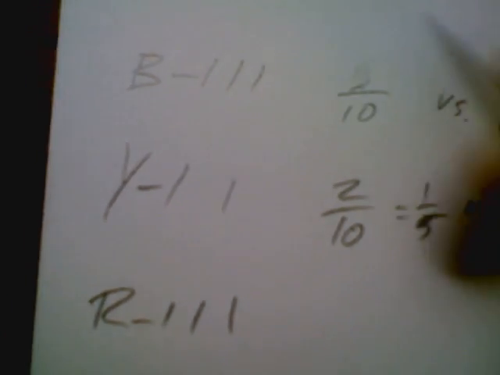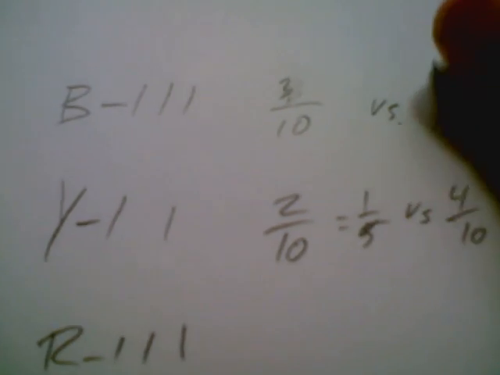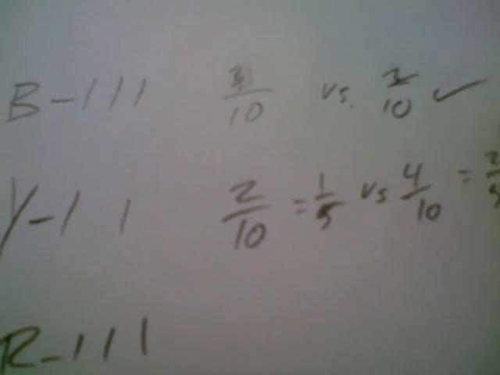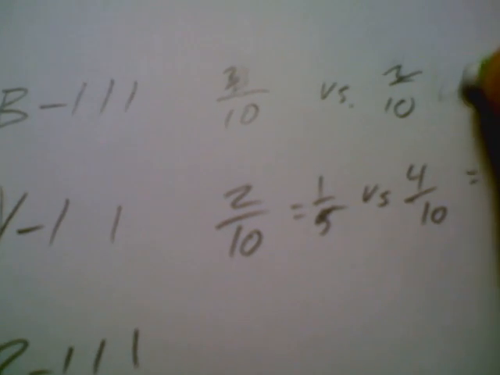I'm sorry, my mistake. We had 3 blues. Let's back up. 3 blues is what we pulled, versus 2/10, our theoretical probability.